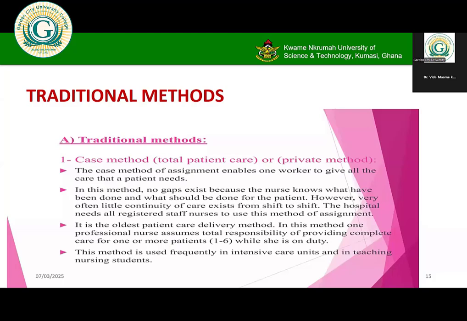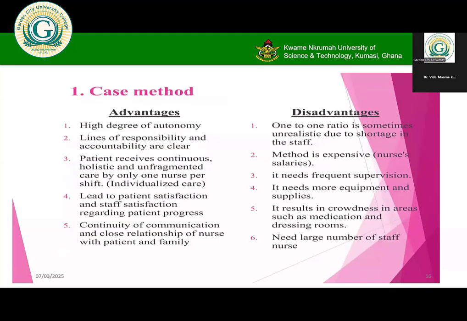And these are the advantages. A high degree of autonomy. Lines of responsibility and accountability are clear.